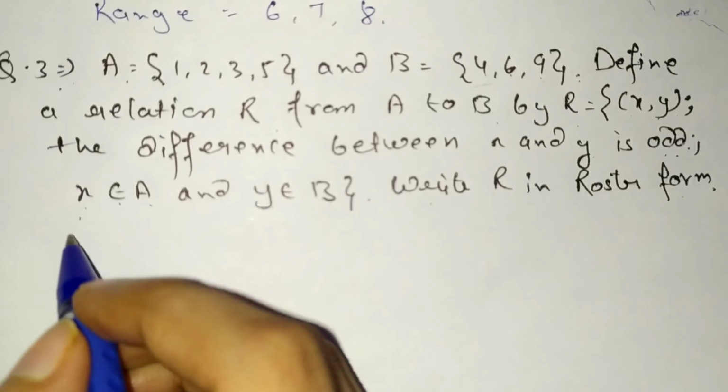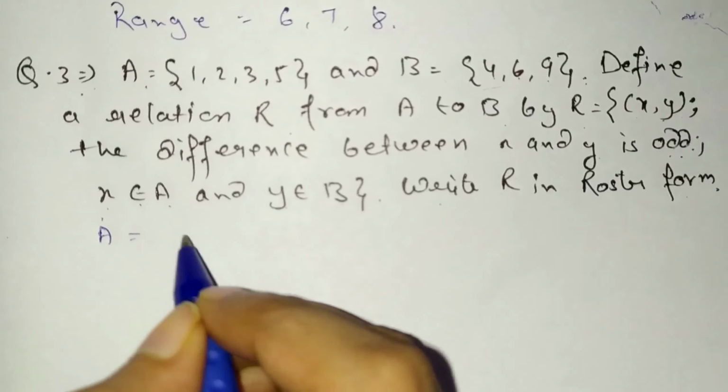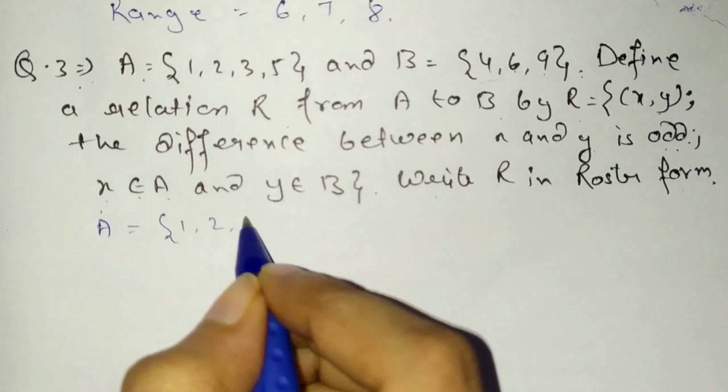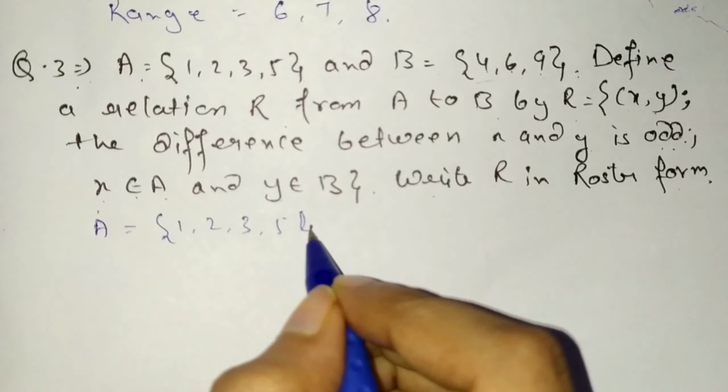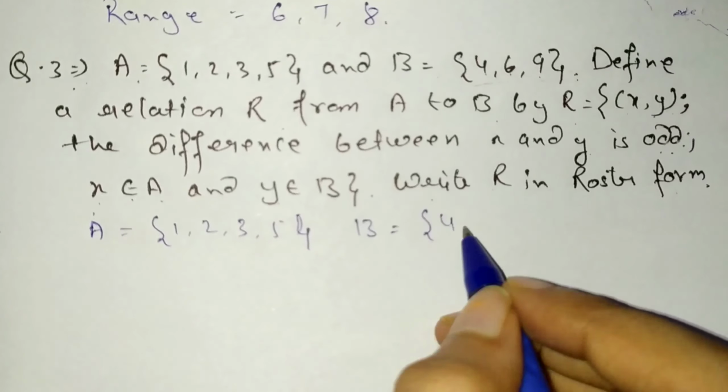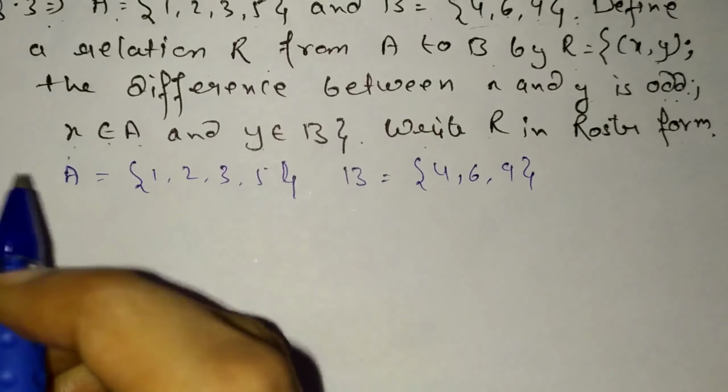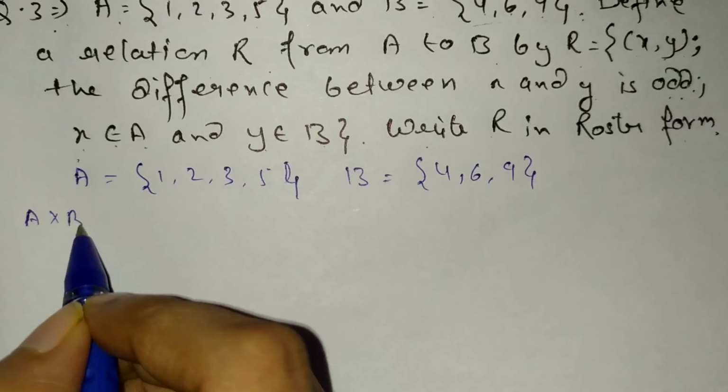So first of all we have set A having elements 1, 2, 3, 5 and set B having elements 4, 6 and 9. Now let's find A into B.